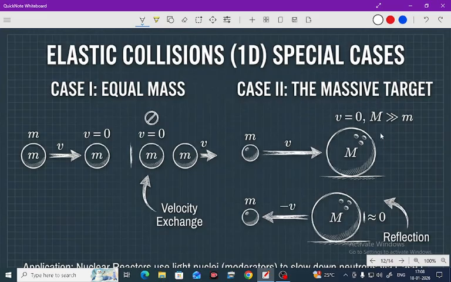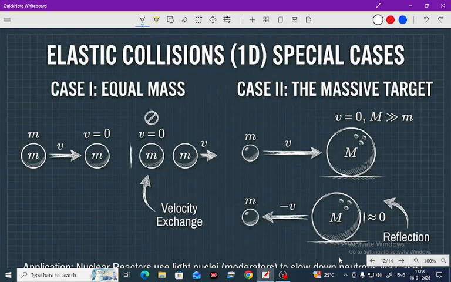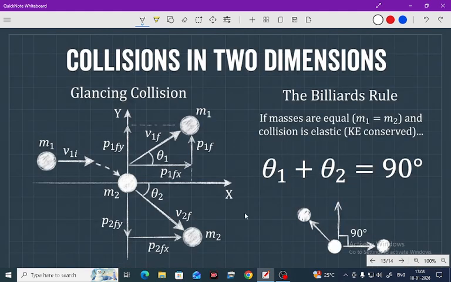Suppose the target is a big mass, much greater than the small m. The small mass strikes, returns back, and the big mass remains almost at rest. This is the reflection. Application: nuclear reactors use light nuclei moderators to slow down neutrons. These are very important things in types of collision.